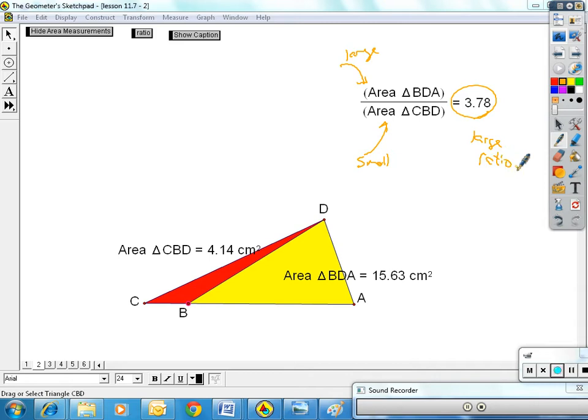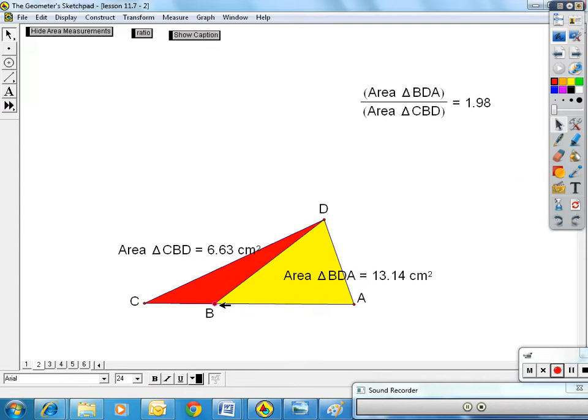What that is saying is, since yellow is on top, how many reds go into the yellow? Well, in this case, 3.78 reds will go in to make that yellow area. Okay, think about it like that as well. So try to get your mind around what the ratios are saying to us.